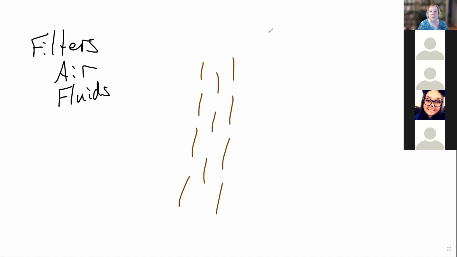So if I'm talking water, and I want to get rid of bacteria in water, let's say I want to get rid of intestinal bacteria. Intestinal bacteria are huge. They're going to get stuck on the filter. Meanwhile, the water is going to work its way through the holes and come through with fewer microbes. Now, sometimes we have itty bitty little microbes that can work their way through, but those are fairly rare.